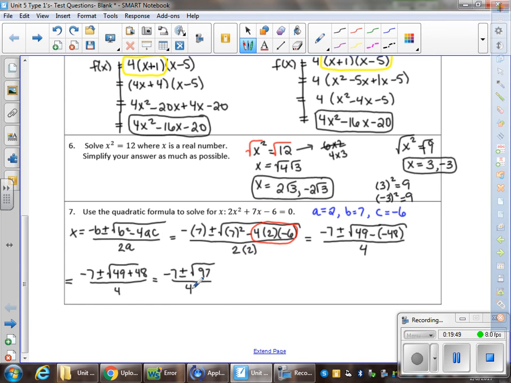Okay, now Alex will take your answer in radical form, but you need to split it up. So my final answer that I would type in would be negative 7 plus root 97 all over 4, negative 7 minus the square root of 97 all over 4. And that's my final answer.